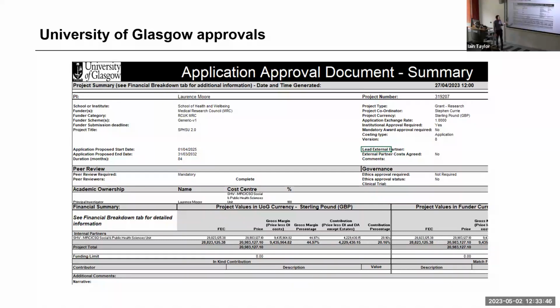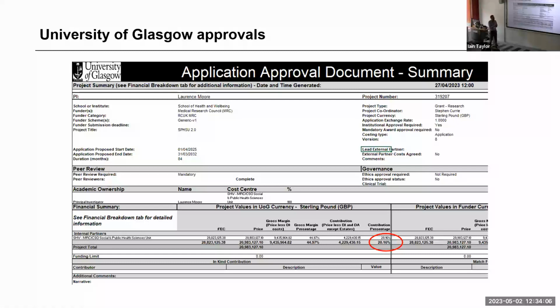It's got three tabs, and it's incredibly difficult to read. But the key thing here is this contribution percentage, the research contribution percentage. It's got nothing to do with how important the project is and what kind of contribution it's making to society.